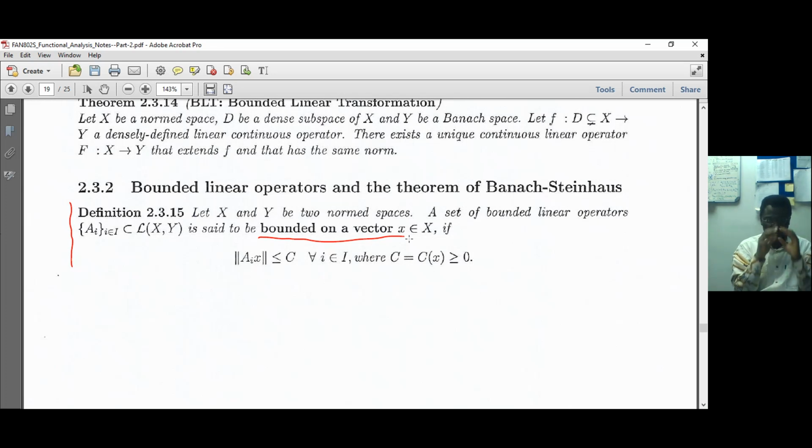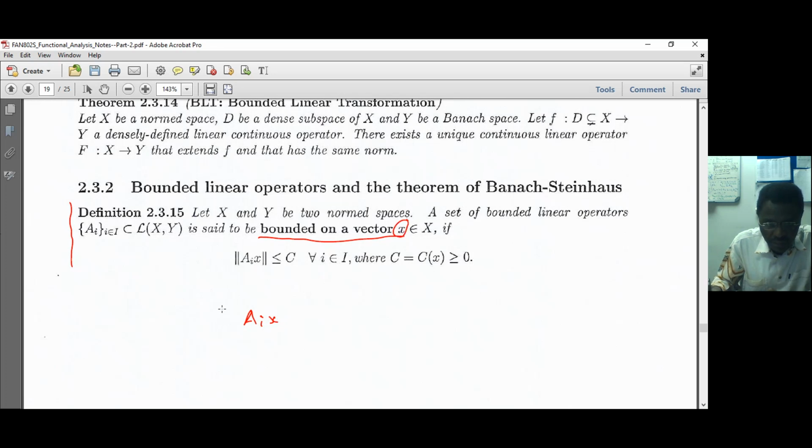But now the family will be bounded on a particular vector X if you can find a constant such that the norm of the family at that vector is bounded for any index. That is what it means.